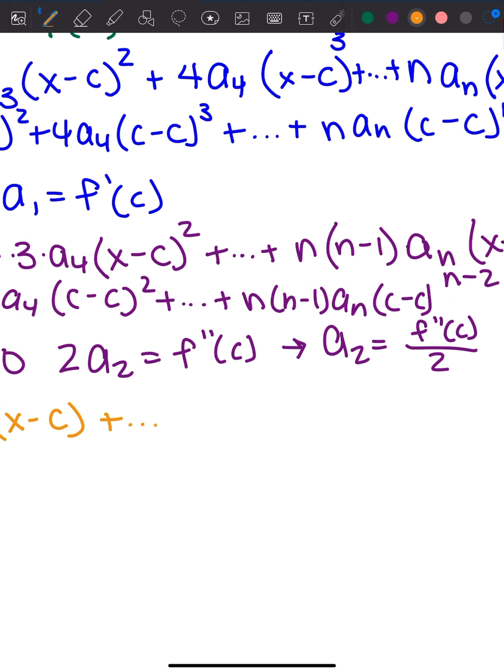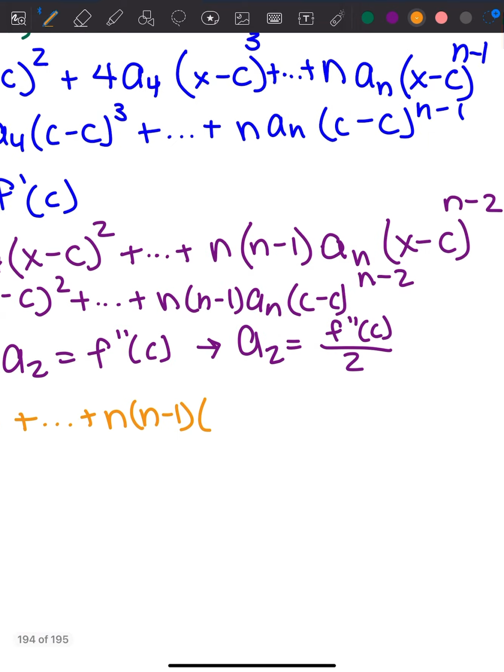And that's going to continue on until we get to n. So we have n times n minus 1. Our old exponent was n minus 2, so that's going to be multiplied here. Times a sub n, x minus c, and then we have n minus 3.